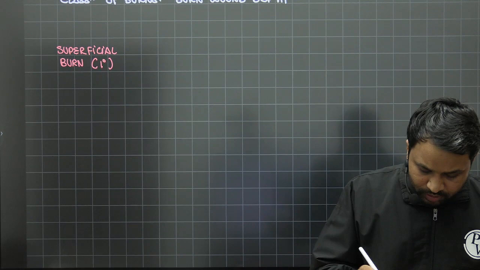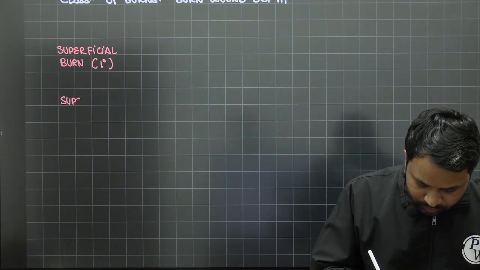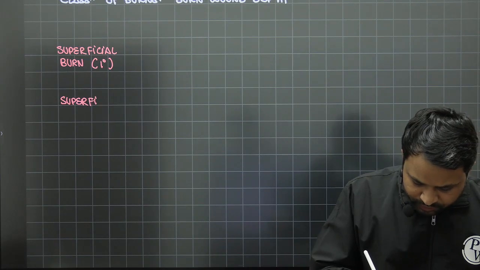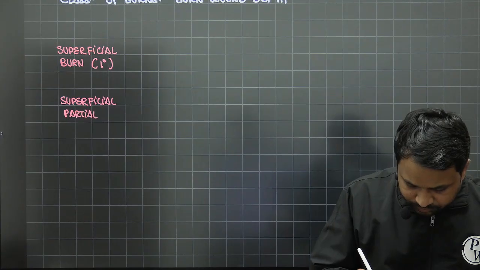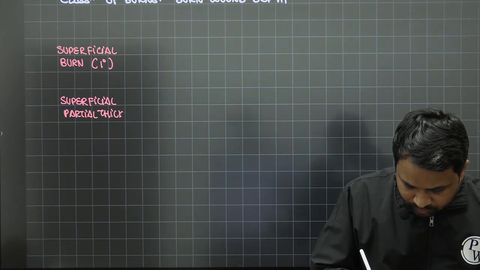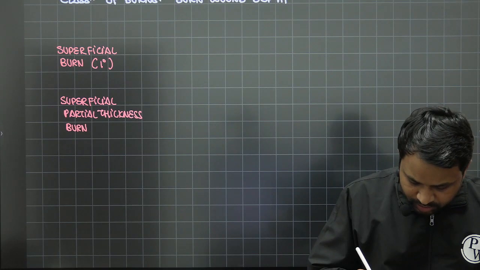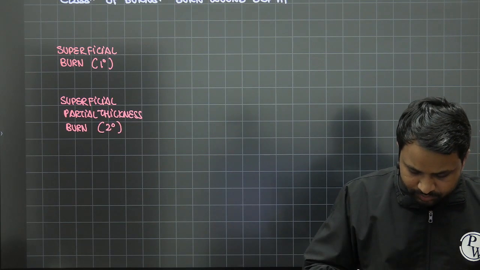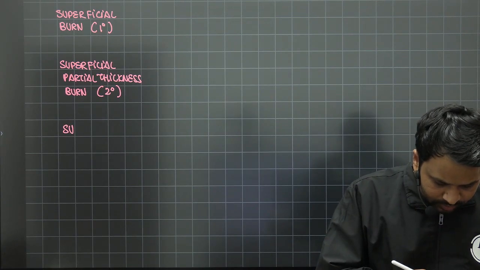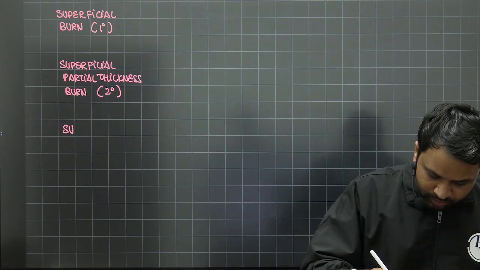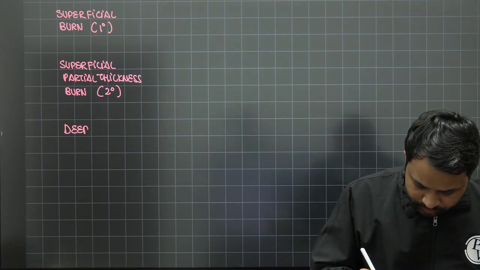Then you have superficial partial thickness burn, which is what we call a second degree burn, right? Then you have a deep partial thickness burn.